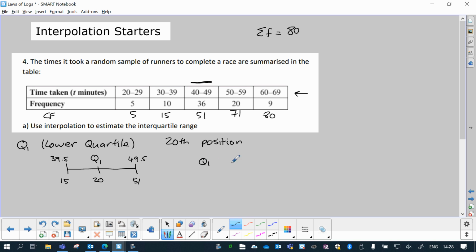So the calculation is the way I do it. I'm going to do Q1 minus 39.5 divided by 49.5 minus 39.5. And that's going to be equal to 20 minus 15 over 51 minus 15. Which, as I said, is this out of this divided by this out of this. Okay. Rearrange the formula. So what have we got?